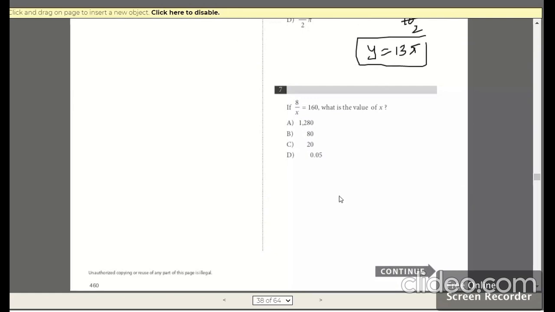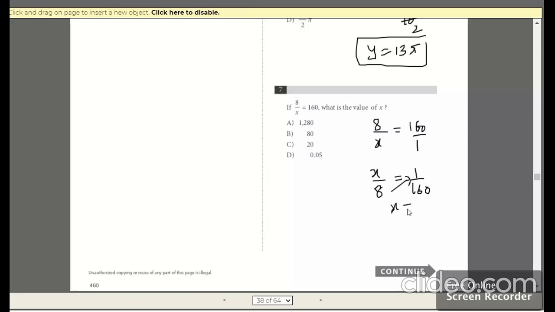Moving on to question number 7, if 8 by x equals 160, what's the value of x? It's just an algebraic fraction that we have to work out. Whenever we have equality, we try to do the cross multiplication. Even if you take the reciprocal, x by 8, it's going to give us this.